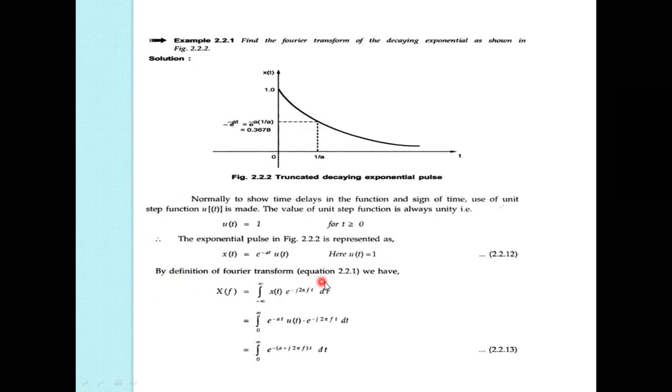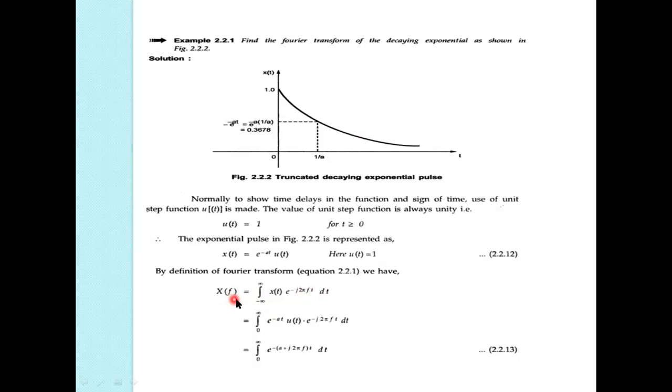According to the definition of the Fourier transformation, you take the normal frequency. You can take x of omega also, my dear students, nothing wrong. X of f is equal to integral from minus infinite to infinite x of t e power minus j 2 pi f t dt.